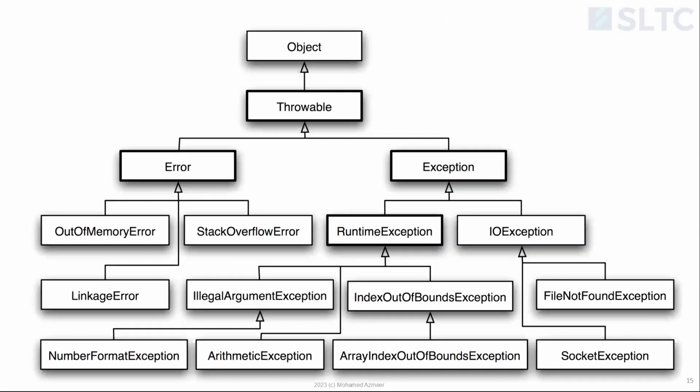Here's the detailed hierarchy. So the objective of today's lesson is to understand how a new concept of writing code exists, where we don't need to worry about error management or exception management within our code. We write our code assuming there are no errors or no problems.